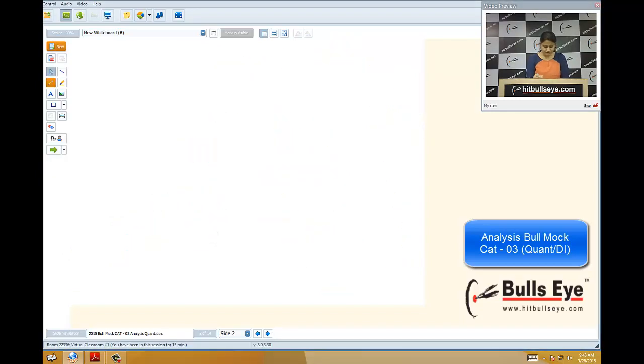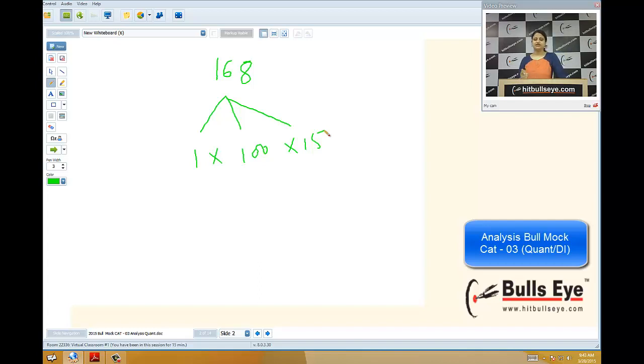Now 168 cases I am getting in which all the numbers are positive as well as distinct. For example, we can write 1500 as 1 into 100 into 15, where all the numbers are distinct. This case will result in 6 more cases, the arrangements of this.